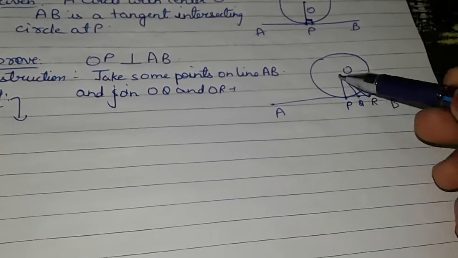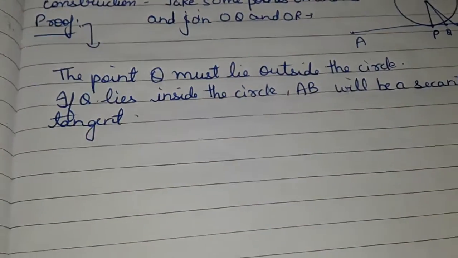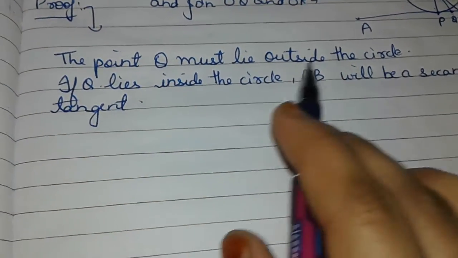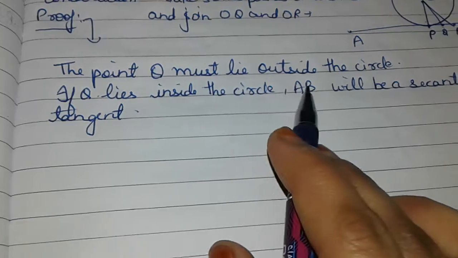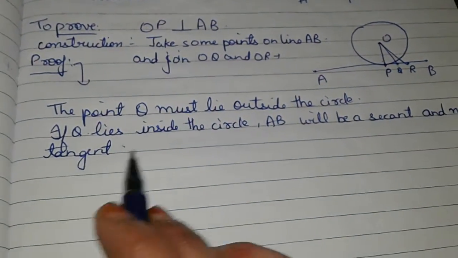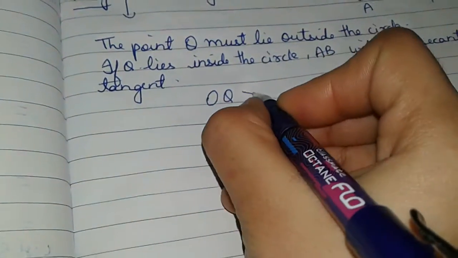If Q lies inside the circle, AB will become a secant and not a tangent.